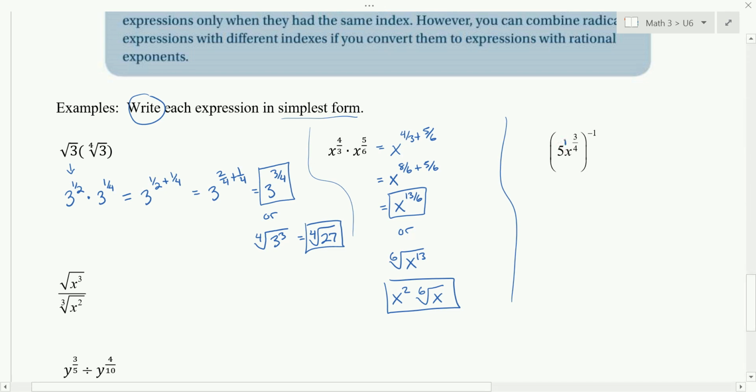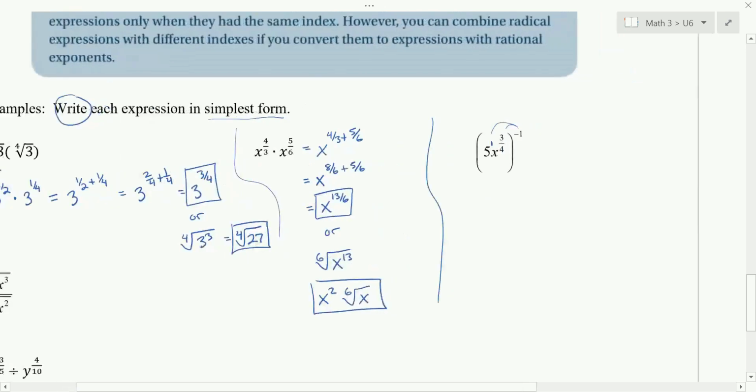Okay, so that's important to know. So there's a couple ways you could have handled this. You could have multiplied both of these by -1, or just said, well, that -1 means I'm going to move everything to the bottom of the fraction. Make the 5 times x to the 3/4 the denominator. So either way, you'd end up here. Okay.